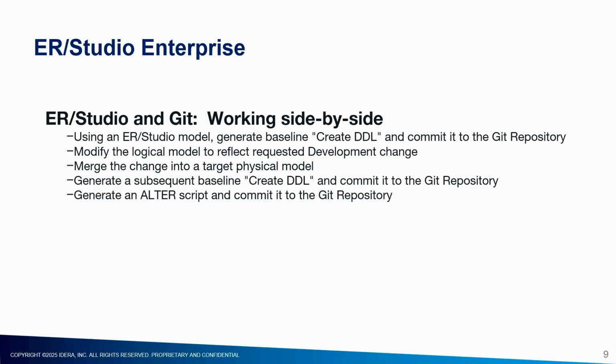From there, we'll make a small change to a column, and then push those changes to the physical data model. Upon doing so, we will generate a subsequent DDL, and followed by that, we'll be committing it into our Git repository. Finally, we will use an alter script that will be committed also to the Git repository. So that's the game plan.